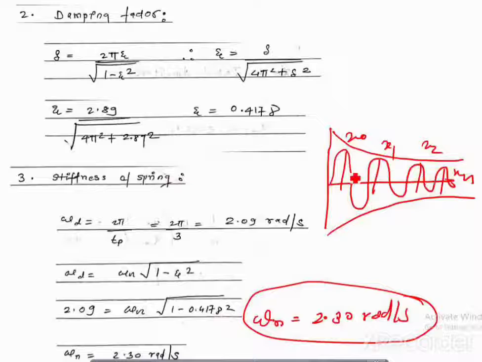At the start, the amplitude of vibration is larger and the damper has not come into action. You can consider the initial frequency as omega n, the natural frequency. Then you can see it is going on decreasing. The corresponding frequency over here you can take as omega d. So you can see that omega d is lesser than omega n. That is why it is called the damped natural frequency.